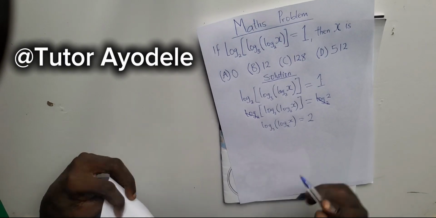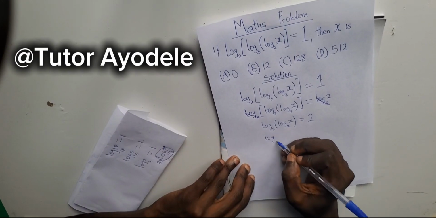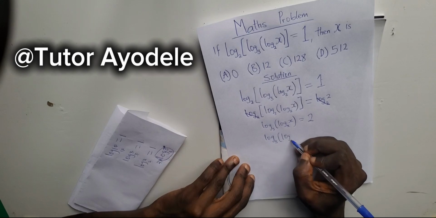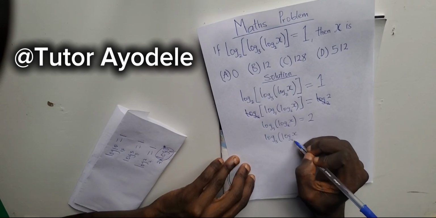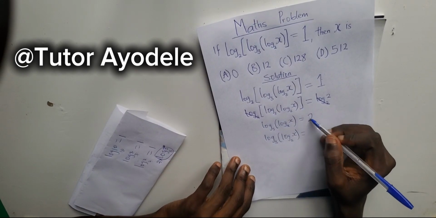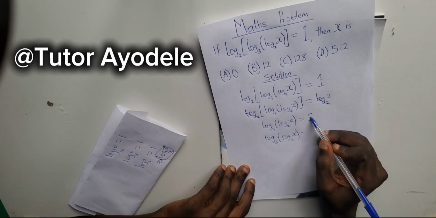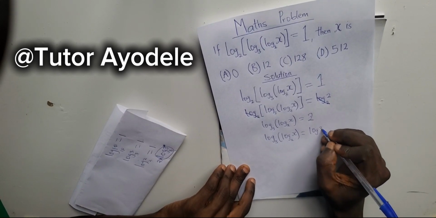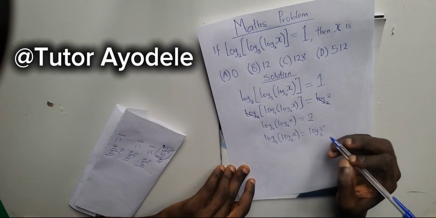So this will be log base 3 here first, into brackets, log x base 2, close the bracket. Then, as I've said, I'll be expressing this in log base 3. So this will be log 3 raised to the power of 2 base 3.